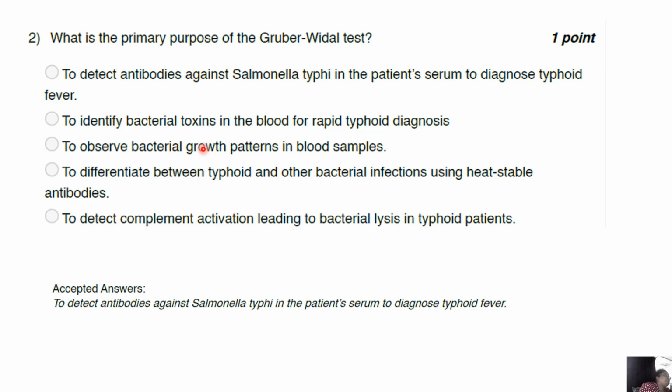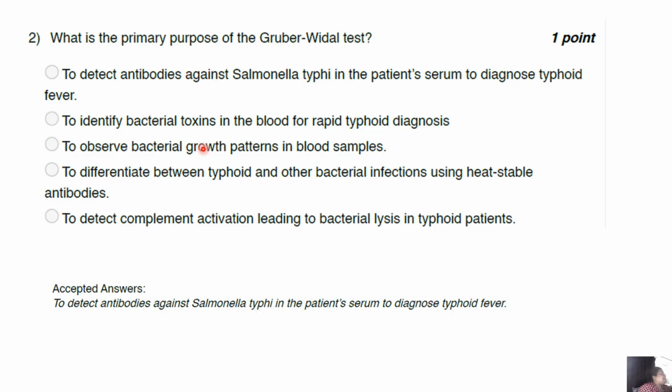And option E is also not correct because it does not assess complement activation or bacterial lysis. As I said, when serum from a patient infected with Salmonella is mixed with standardized killed Salmonella antigens, visible agglutination occurs if specific antibodies are present.